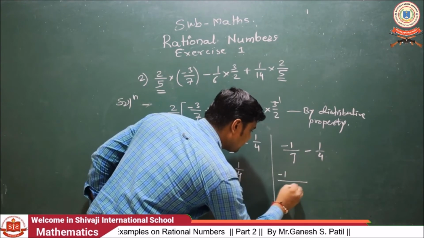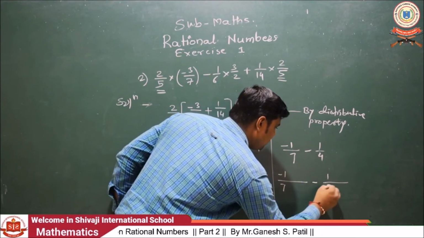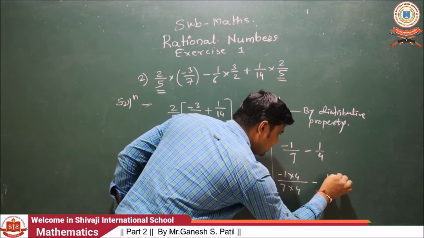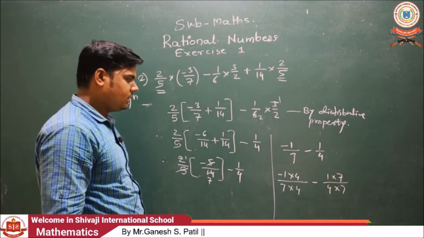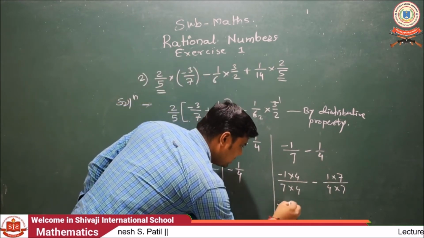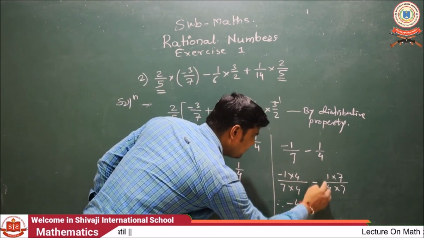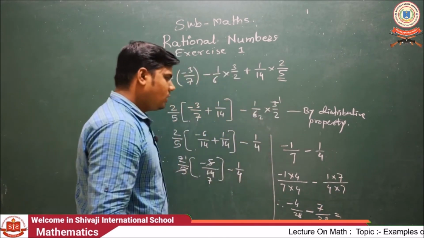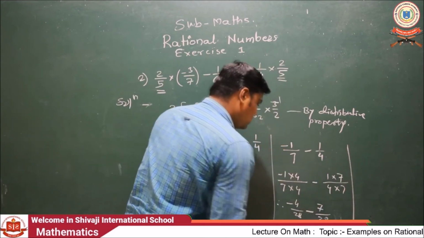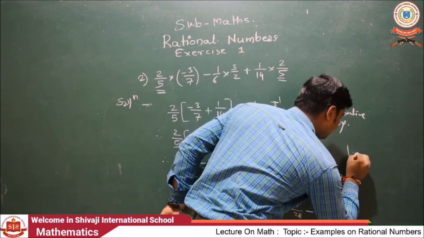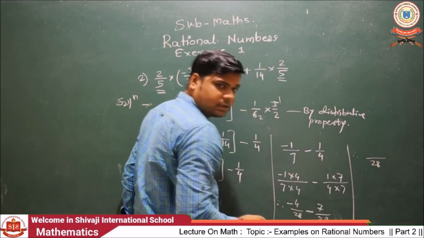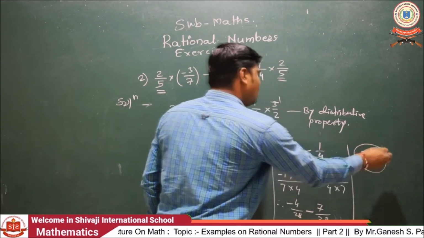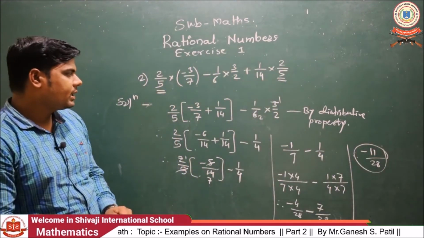Minus 1 upon 7 minus 1 upon 4: multiply by 4 in the first and by 7 in the second. Then minus 4 upon 28 minus 7 upon 28. We take 28 just once, and minus 7 and minus 4 means minus 11, and minus 11 is the final answer of the given example.